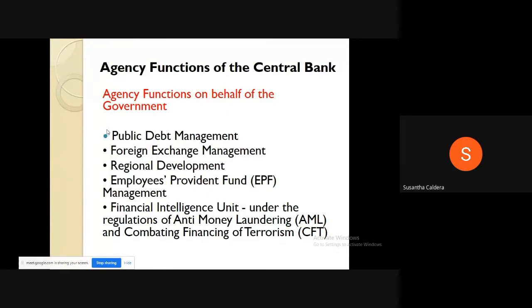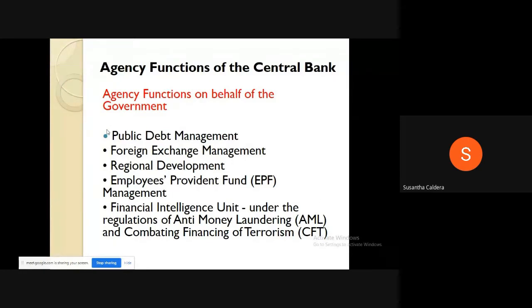They are the people who will issue treasury bonds and central bank bonds. The famous bond scam was also through the public debt department, right? So public debt management is done by the central bank.